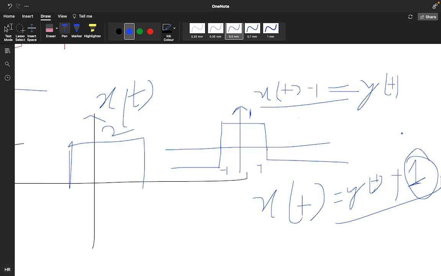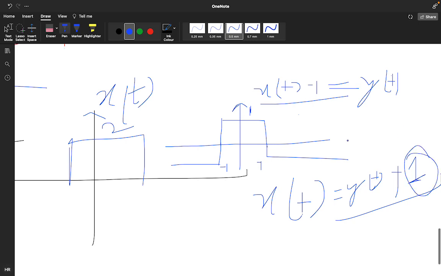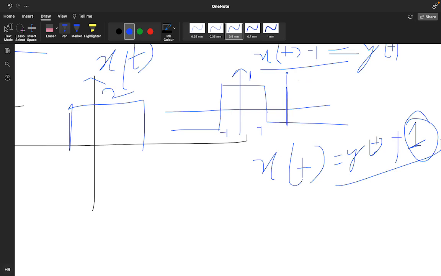We don't need to deal with this one, as it's a constant DC value. Now we are getting a signal like this, so we can see this is a half wave symmetric signal, and this is an even signal also.